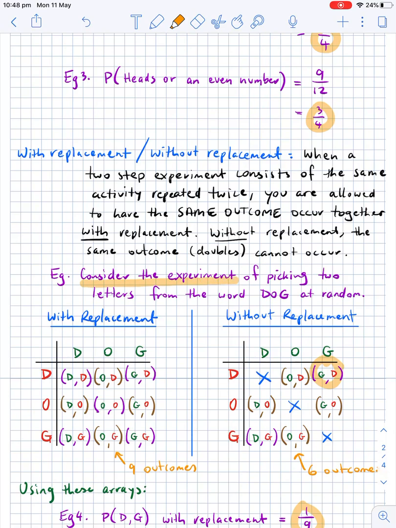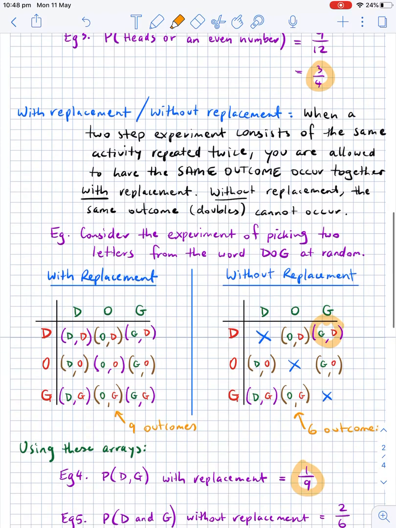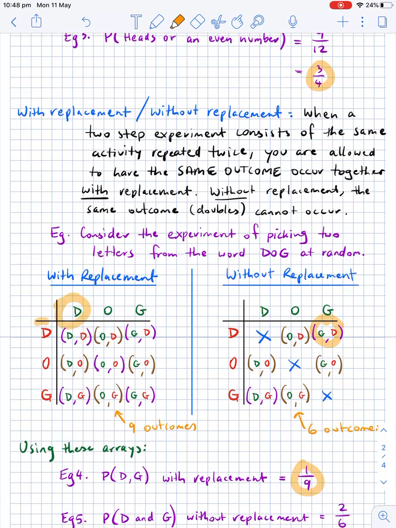So, e.g., let's consider the experiment of picking 2 letters from the word dog at random. We're literally just picking a random letter from this, and then we're doing it again. With replacement means that you can get doubles. You can pick D and then pick D again. That's allowed.